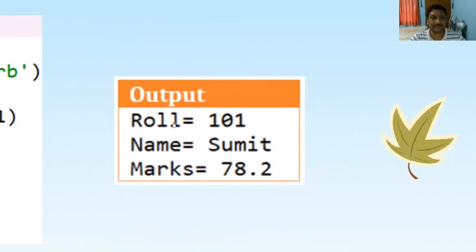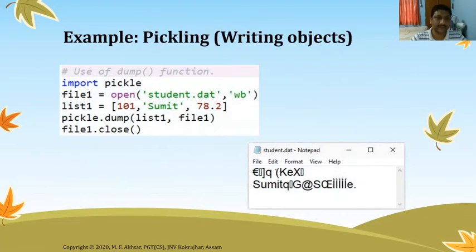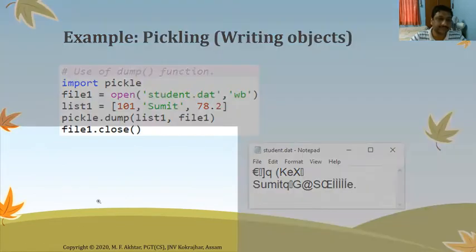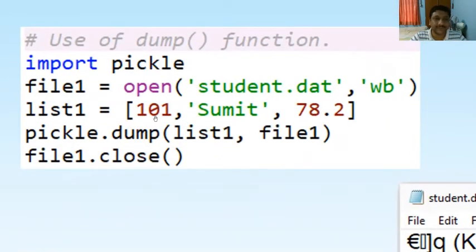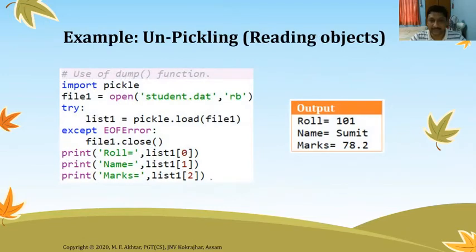This will be the output: roll number equals 101, name Sumit, marks equals 78.2. Last time we gave this in list format. See what we saved: 101, Sumit, and 78.2. This information we saved in the file, and when we read the file, it displays the same output.